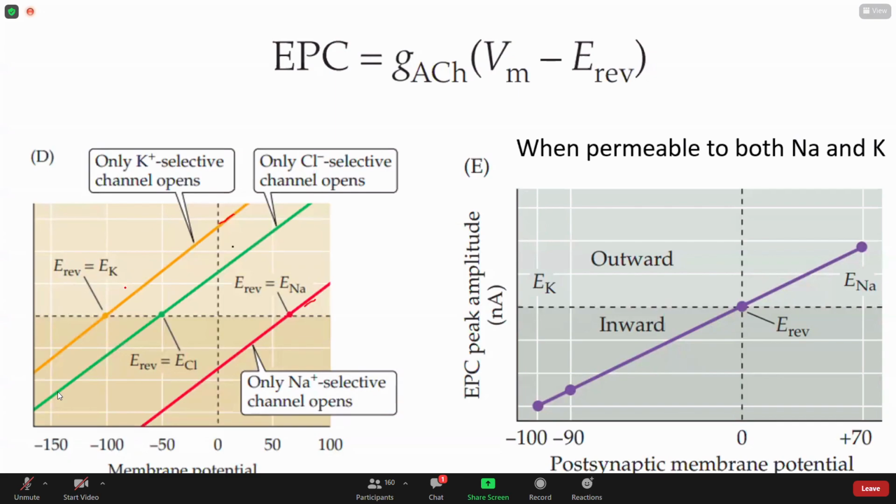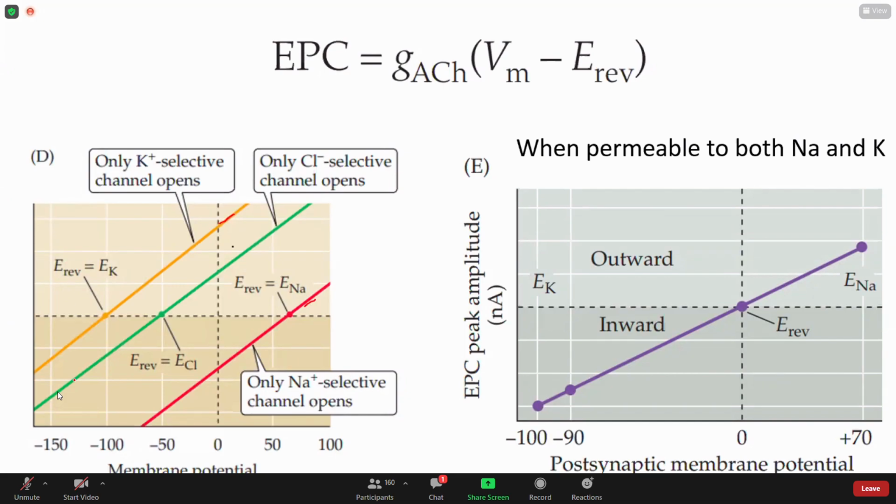Now, bear with me. There is something called the reversal potential, which basically means it's the voltage at which the current would be reversing from outward to inward.